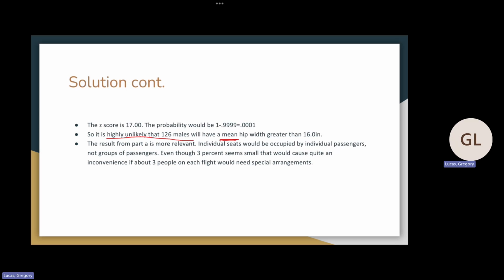But it's not likely because it's the mean, it's not one individual value. Even though 3% seems small, however, so yes, 3% is small, we found from our individual value, that would be quite inconvenient if 3 people on every flight need special arrangements.